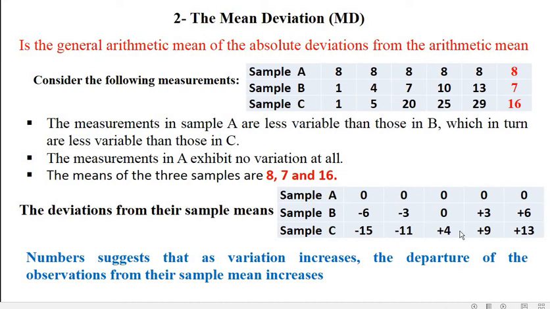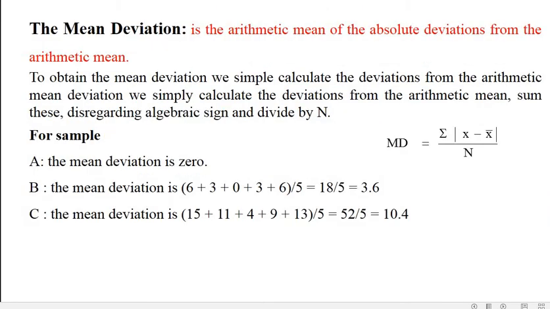How can we calculate the mean deviation? The mean deviation is the general arithmetic mean of the absolute deviations from the arithmetic mean.